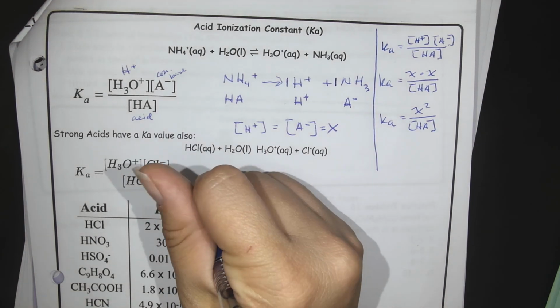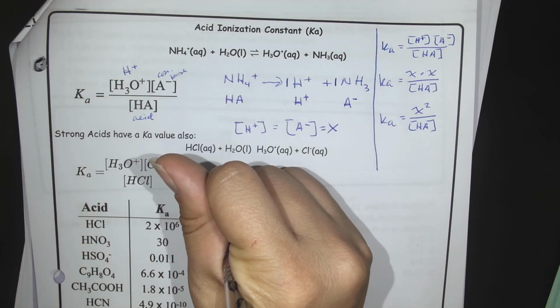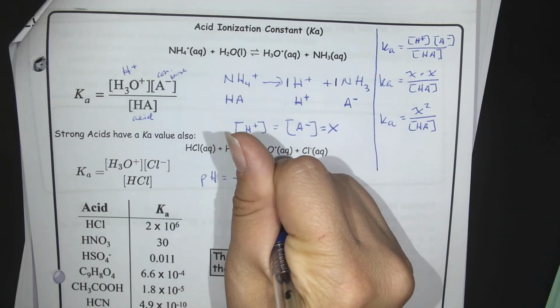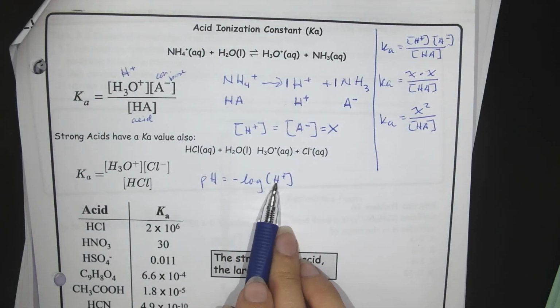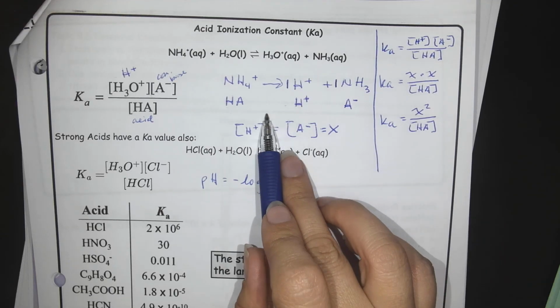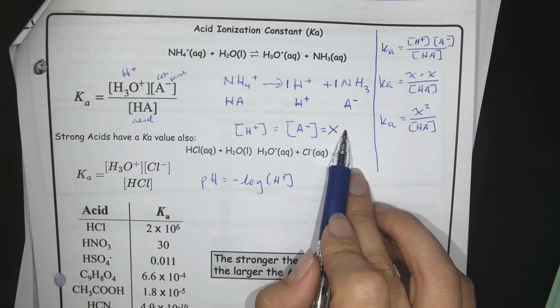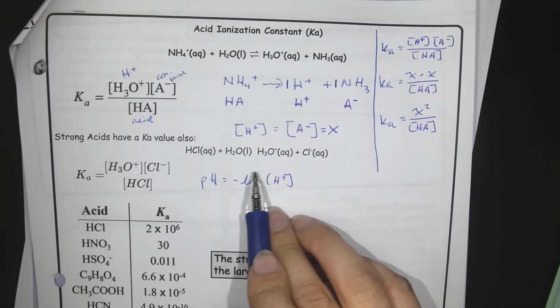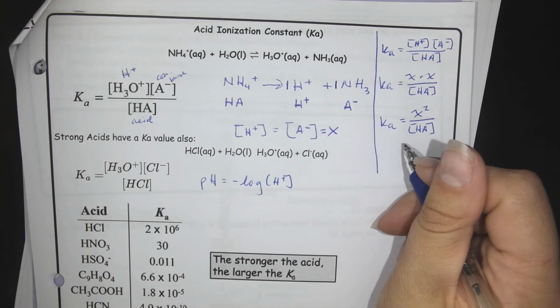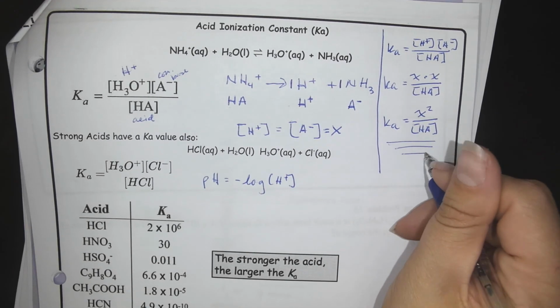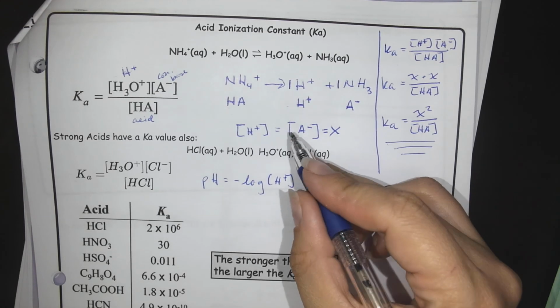What's crazy is that these problems with weak acids want you to solve for the pH. And remember how pH is just the negative log of H+? So if we can solve for X, if we can figure out what H+ is, then we can just take the negative log of that, and that will be the pH. So let's rearrange it to solve for X, or H+.